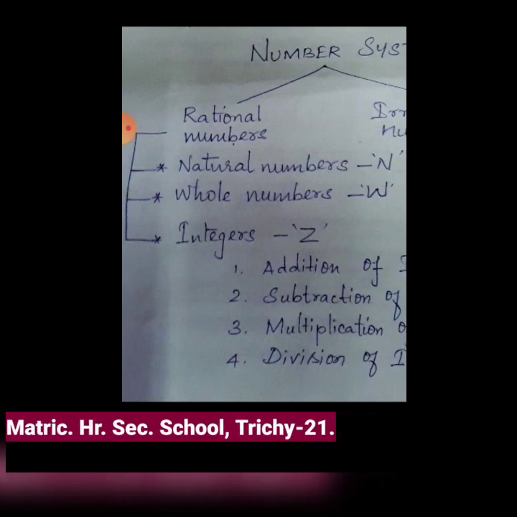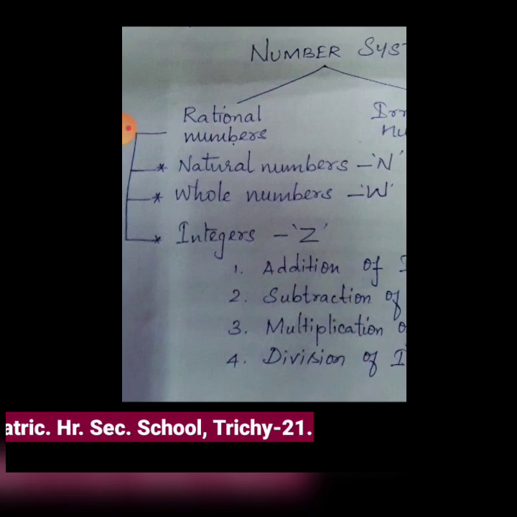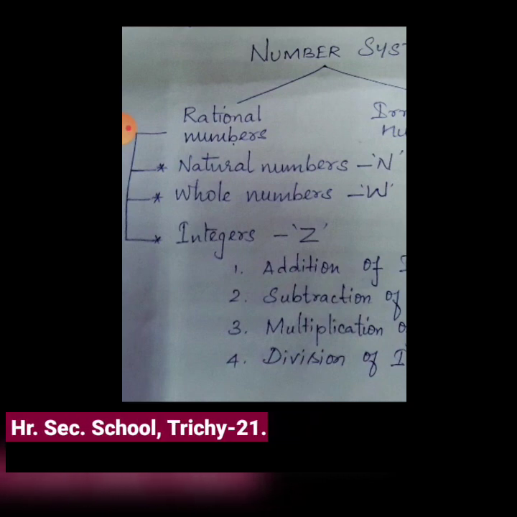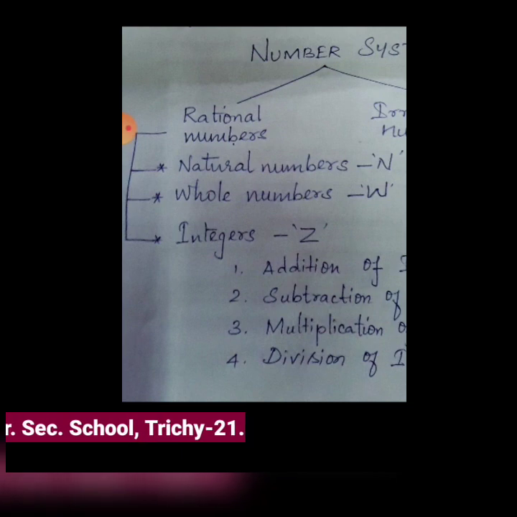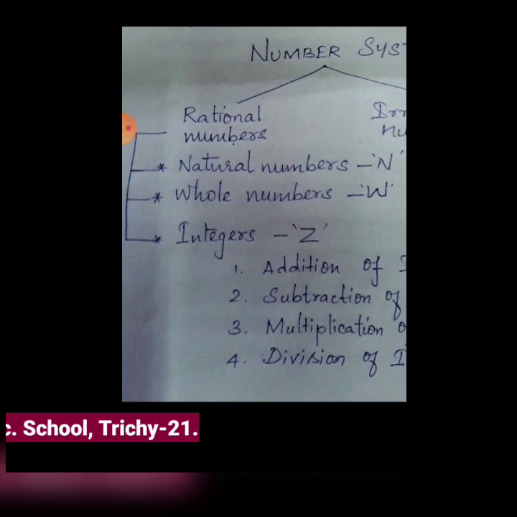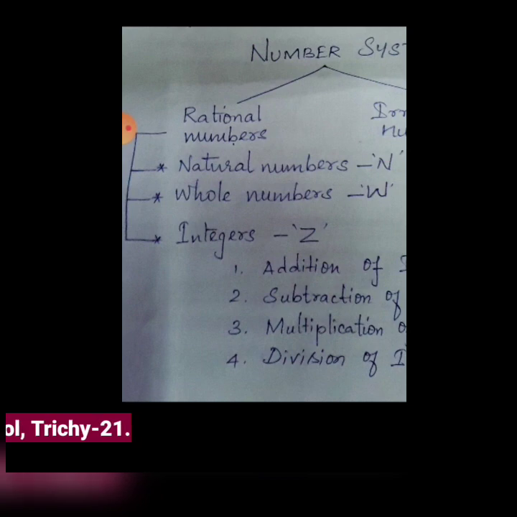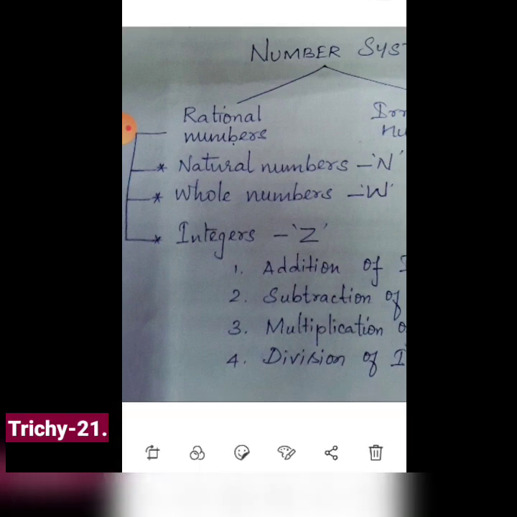In your previous class, that means 6th standard, you learned about natural numbers and whole numbers. What are natural numbers? Natural numbers are positive integers which start from 1, 2, 3, etc. Natural numbers are very familiar to us.